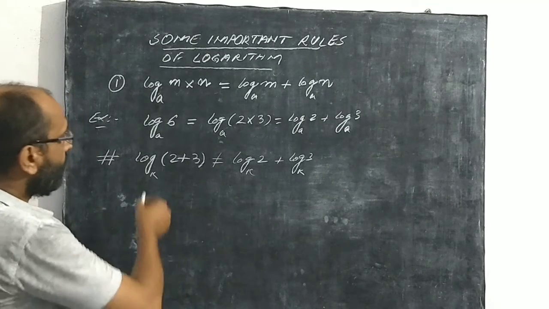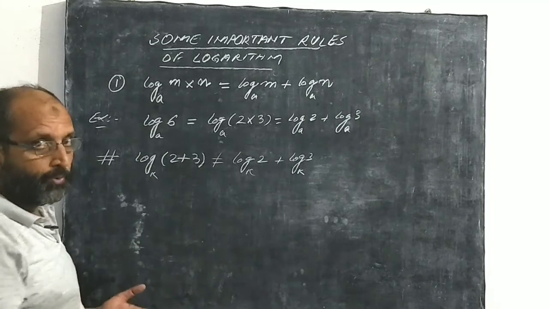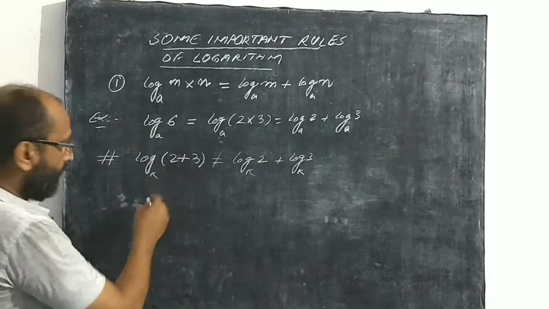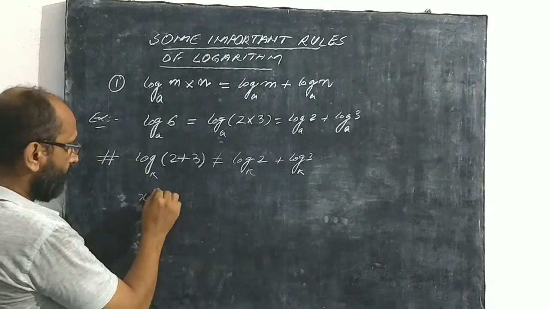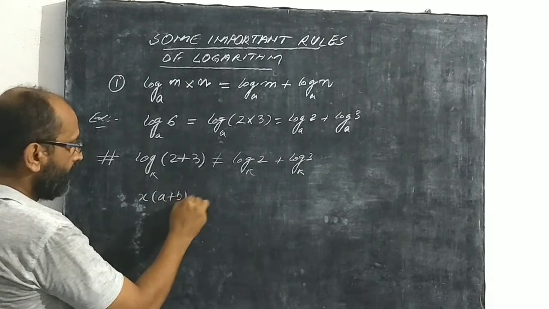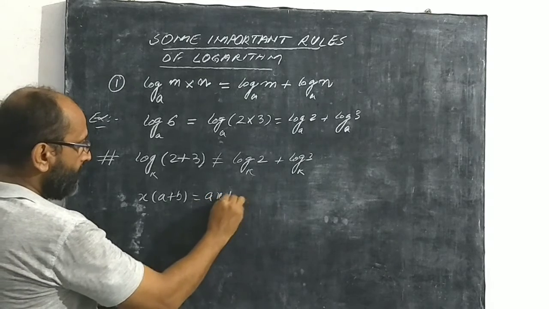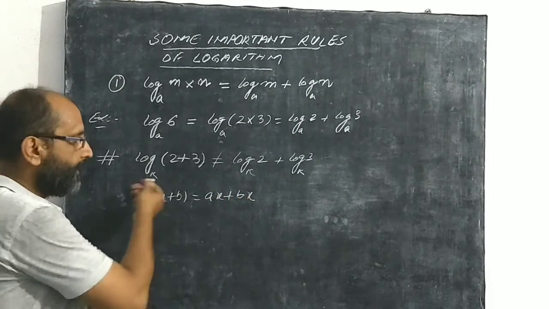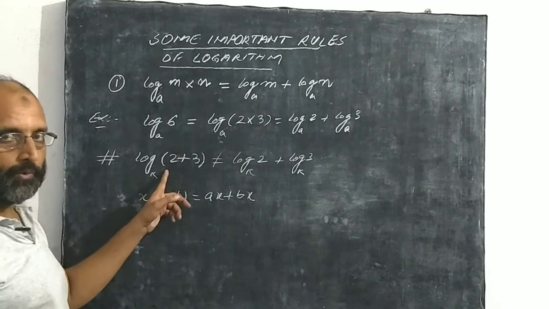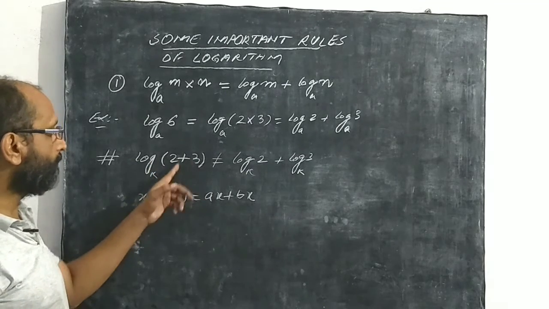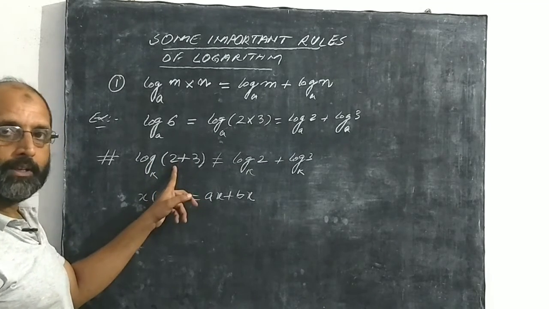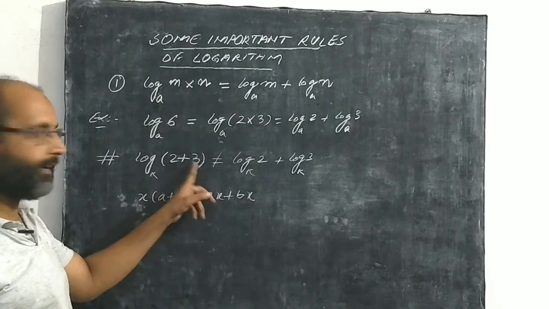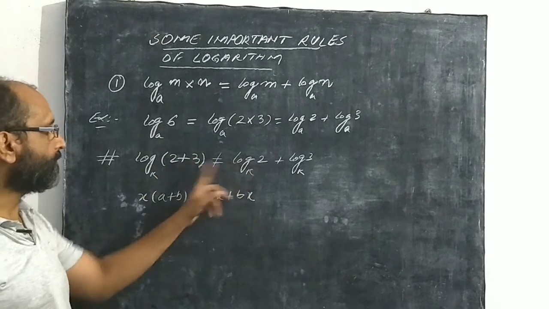They used to think that log is distributive over addition, as x into a plus b may be written as ax plus bx. In the same way, students think that log is also distributive over addition, and if we open up this bracket, the log will be multiplied inside, giving log 2 plus log 3.